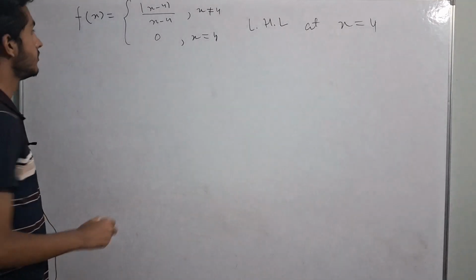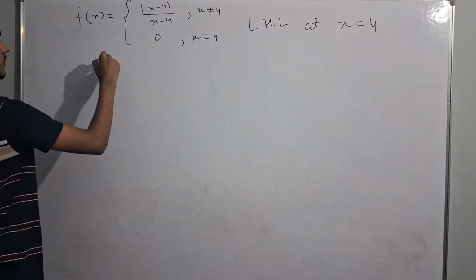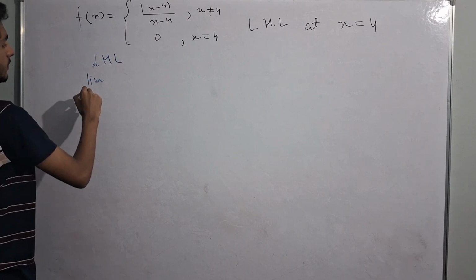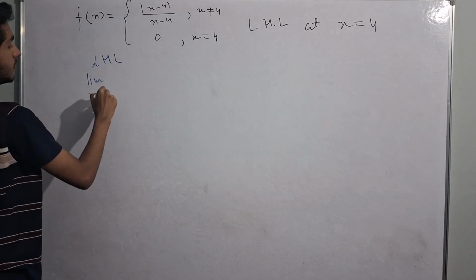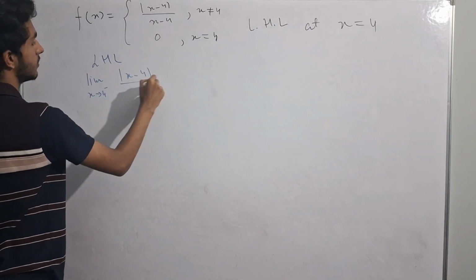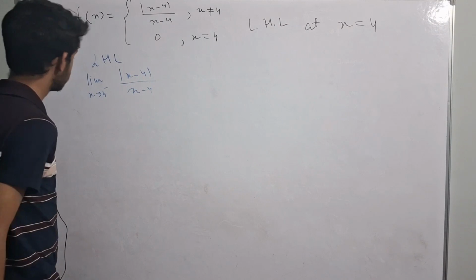So we'll write the left hand limit, x tends to 4 negative, of mod of x minus 4 upon x minus 4.